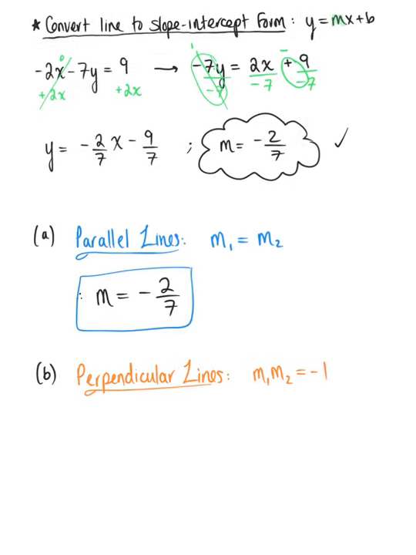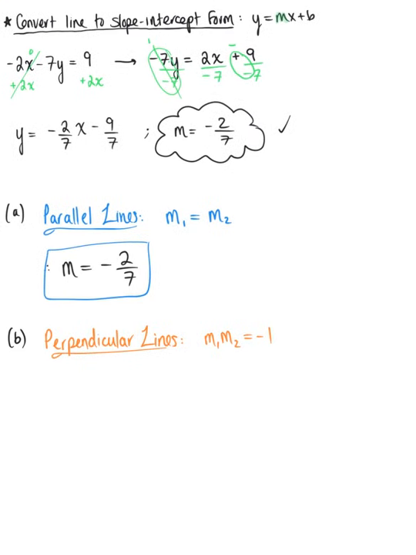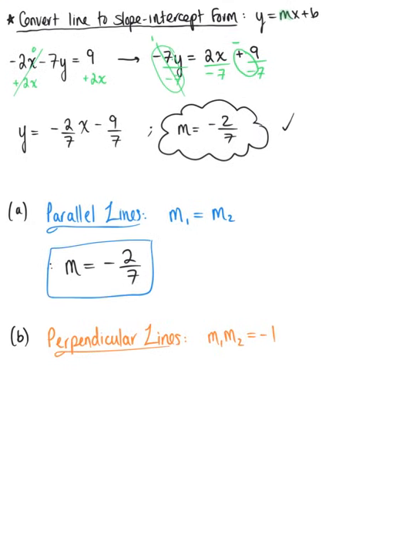Now, an alternative way to think about this is that if the slope of the first line is equal to the negative reciprocal of the slope of the other line. So we'll use this second form here to find the slope of a line that's perpendicular to our given line. So here we go.